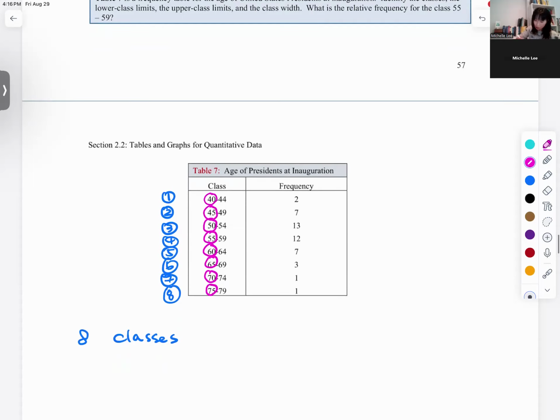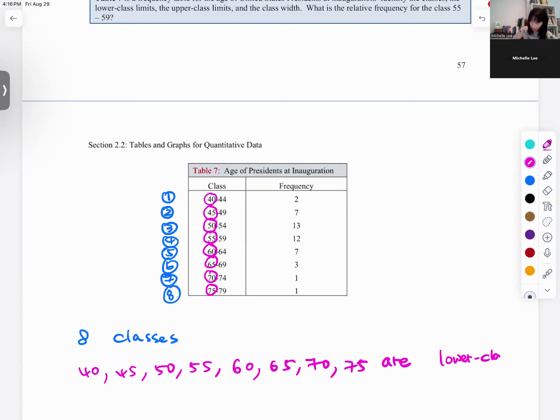So 40, 45, 50, 55, 60, 65, 70, 75 are the lower class limits. Let me make one line.